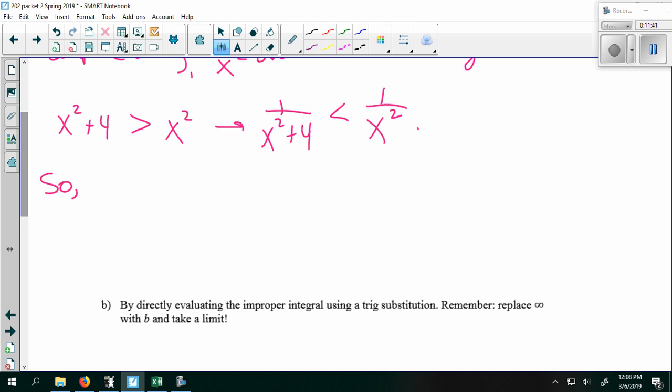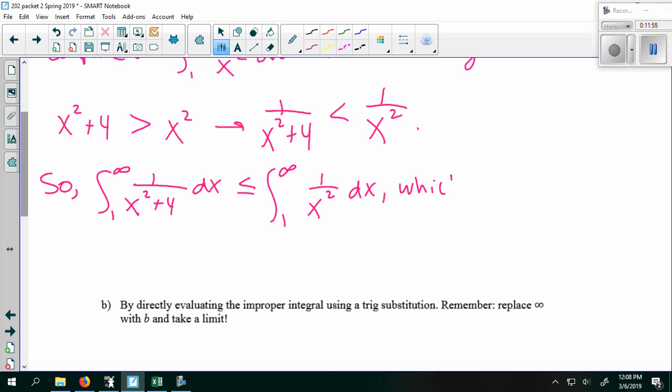So in conclusion, the integral from 1 to infinity of 1 over x squared plus 4 dx is smaller than the integral from 1 to infinity of 1 over x squared dx, which converges.